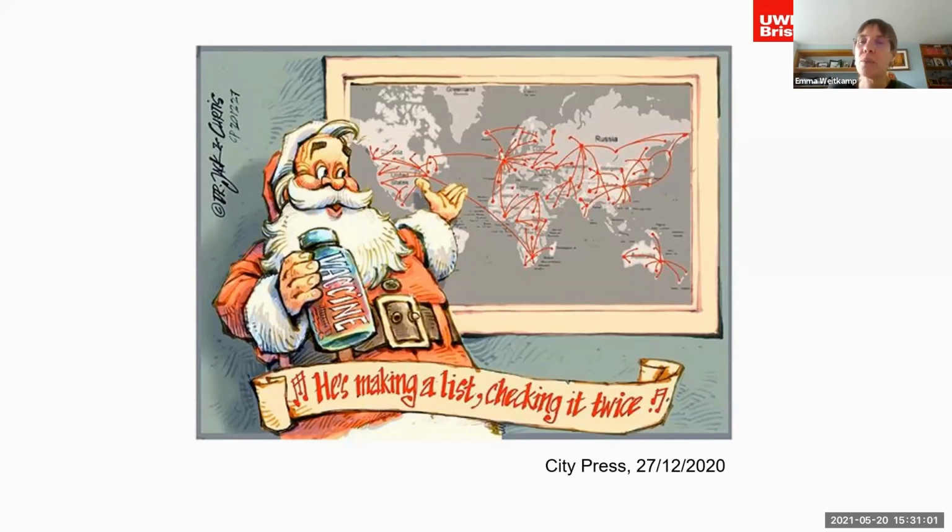And we interpret this as not only is this about the spread of the virus, but it's also about the spread of the vaccine and the extent to which that spread might be fair in the way it's rolled out. And fair means, in this context, on a global level. So I think that's a really prescient reference to a lot of the debates that are going on at the moment about the COVAX scheme.